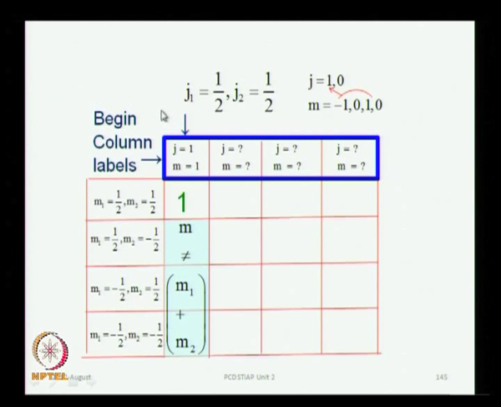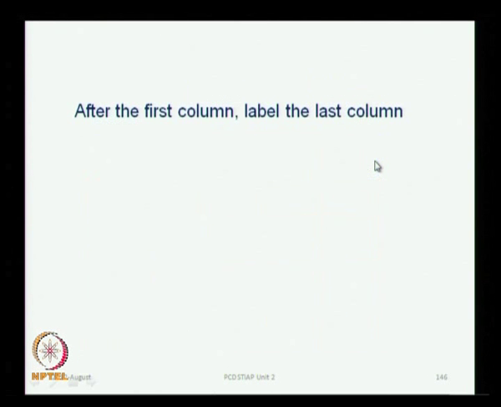Now, after you label the first column, notice that I have put a question mark in the remaining 3 columns, and now we want to label these columns. We have already labeled the rows, now we want to label these 3 columns. So, after labeling the first column we will label the last one. Okay.